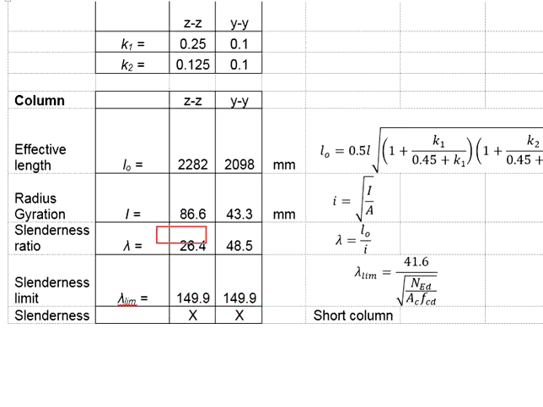For the same slenderness ratio, it might end up to be a slender column. This establishes the importance of selecting the right equations for the slenderness limit. You might misjudge the type of the column if you use the equation wrongly.